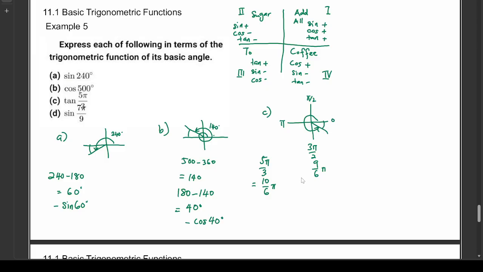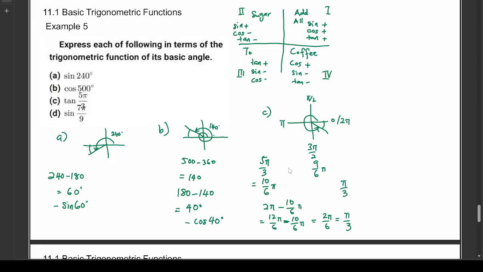Basic angle is here, which means I would use 2 pi minus 10 over 6 pi, which gives 2 pi over 6, which is basically pi over 3. So basic angle is pi over 3.